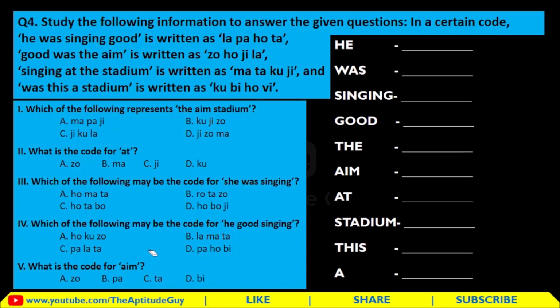Now many people think that figuring out the code of all these words is absolutely useless and a waste of time. But it's not. Because once you have all the codes, you will be 100% sure about your answers over here. And once you have all the codes, to get each and every answer over here, you'll hardly take 5 seconds per question. That's it. You don't have to figure out anything after that. So it deserves that much time.